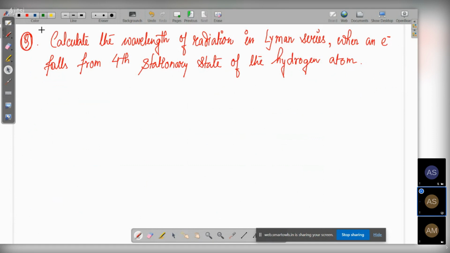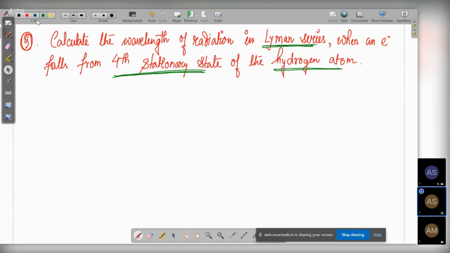See what information is provided in this numerical. The first information that is given is the Lyman series. Then you are also given that it is the fourth stationary orbit. And the data given is the hydrogen atom.